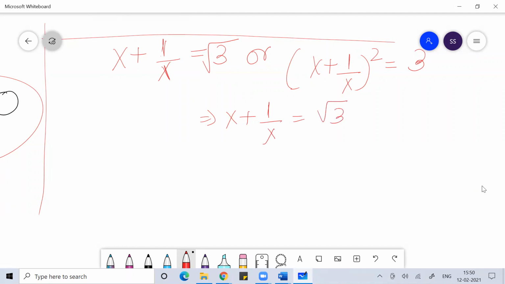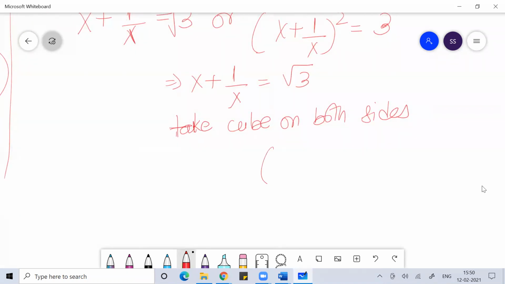Okay, so then, sir, take the cube on both sides. So if you take the cube on both sides, then x plus 1 by x whole cube is equal to root 3 cube.